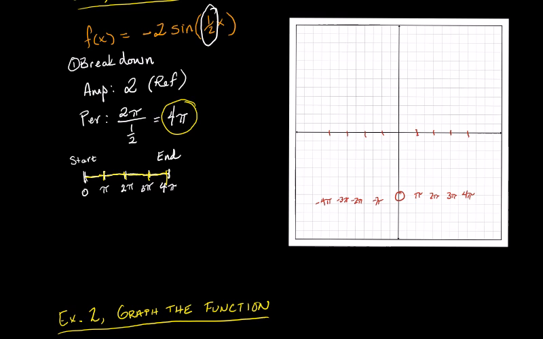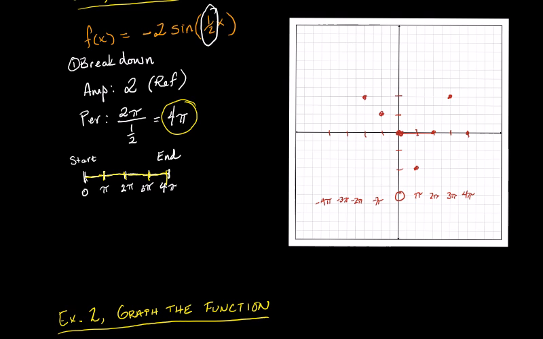So the graph will still start at 0, 0 since it's sine. We'll start at 0, 0, but then instead of going up 2, the amplitude will go down 2. So let's put our graph together. It'll go down 2, then up, then up, and then down.